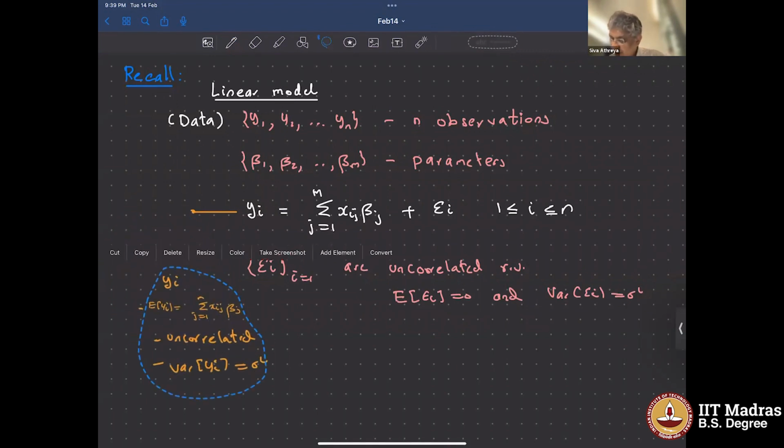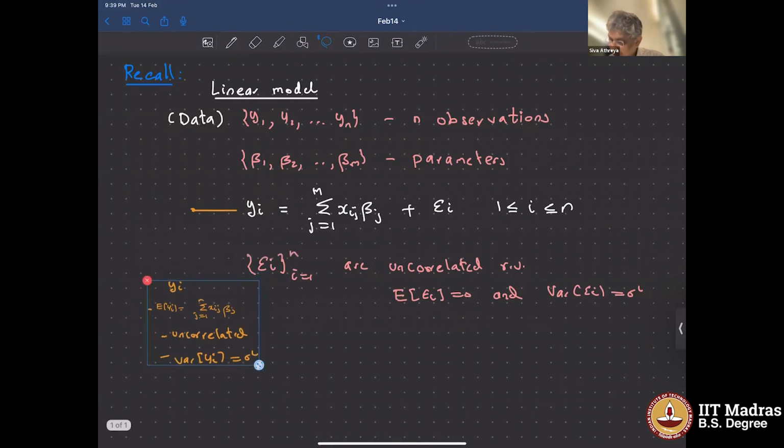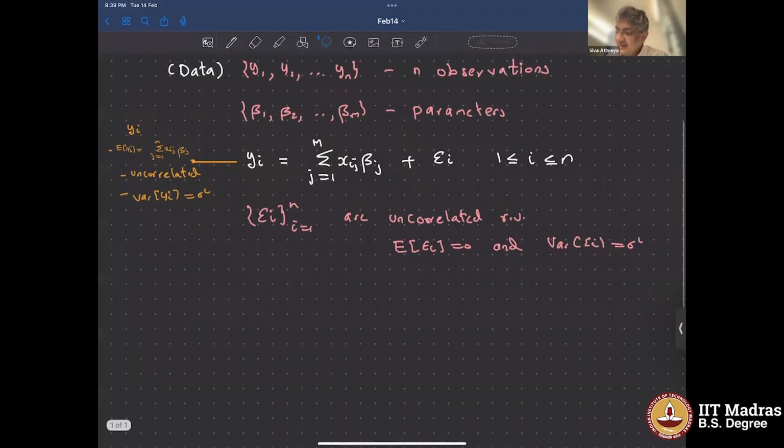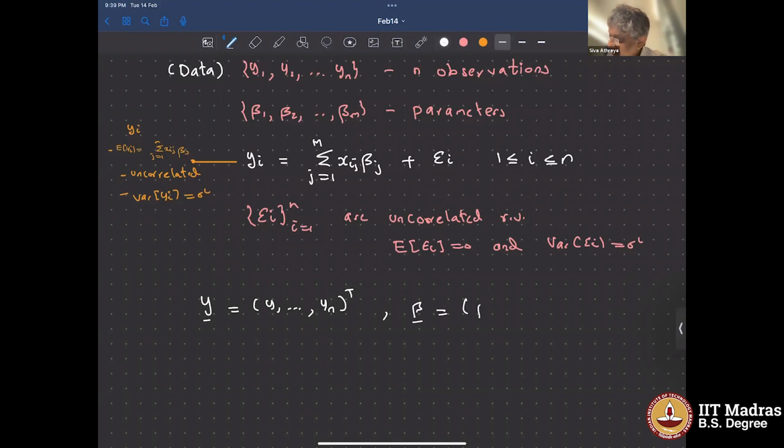Okay. So this is an equivalent way of preserving the linear model structure. And the last thing I did last time was set up the notation for this. I said that I would think of my vector y as y1, y2, up to yn transpose, as a column vector. Similarly for beta, I would think of beta bar as beta 1 up to beta sub m transpose.